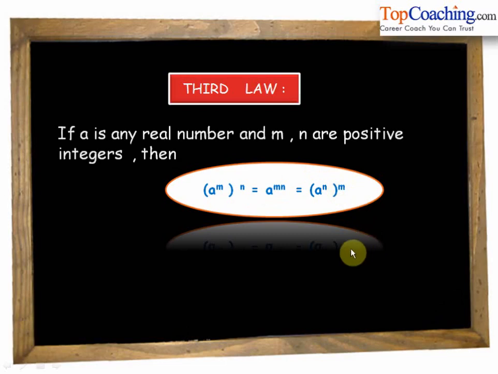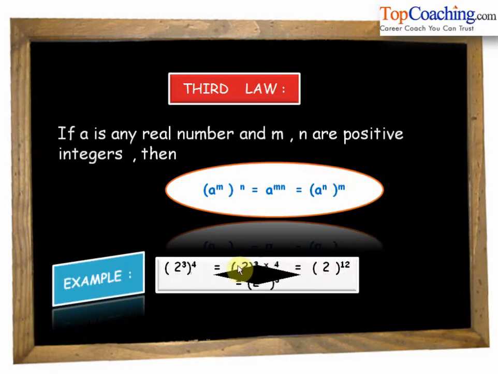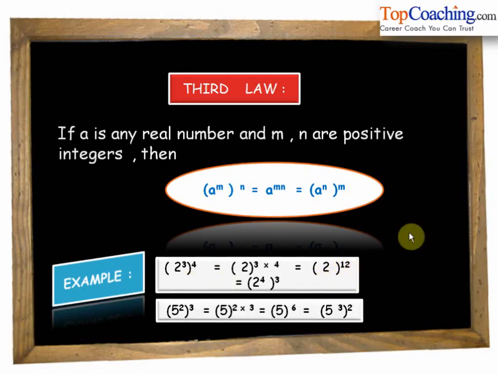For example, if we have the number 2 cubed to the power of 4, now this could be written as 2 to the power of 3 into 4, which is equal to 2 to the power of 12. Now this could also be written as 2 to the power of 4 whole cube. Thus we have used this property and we get the final result as 2 to the power of 12.